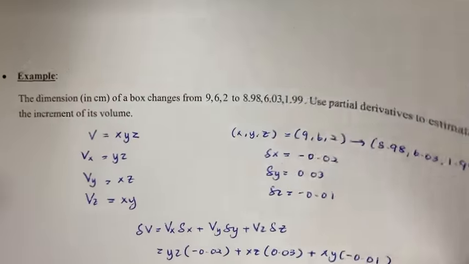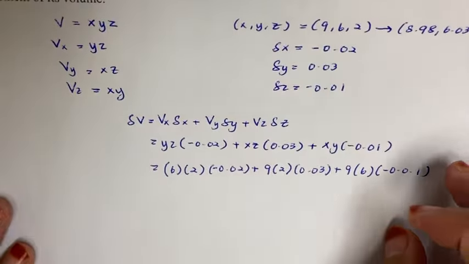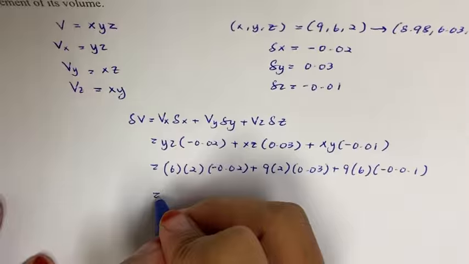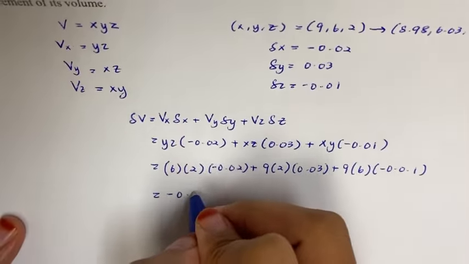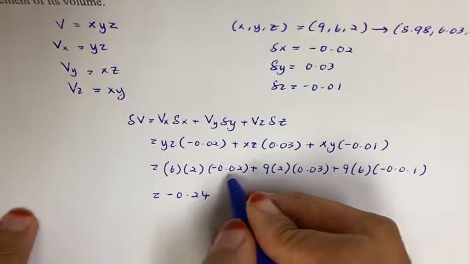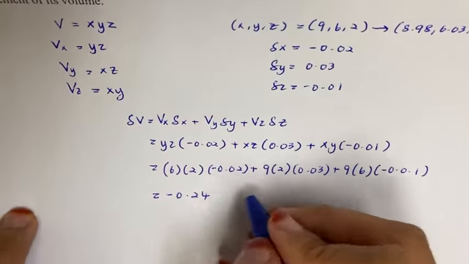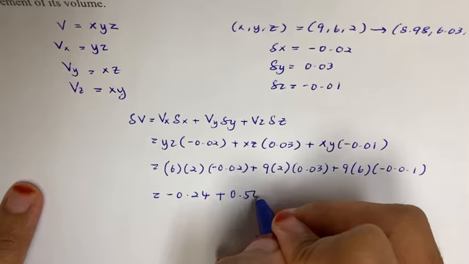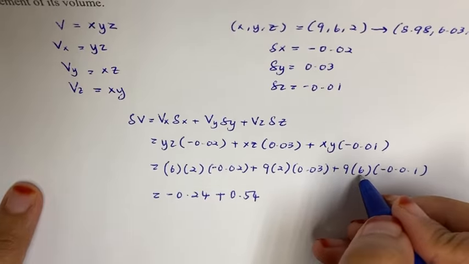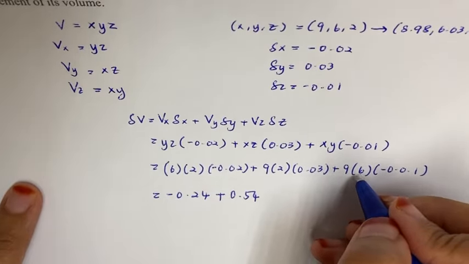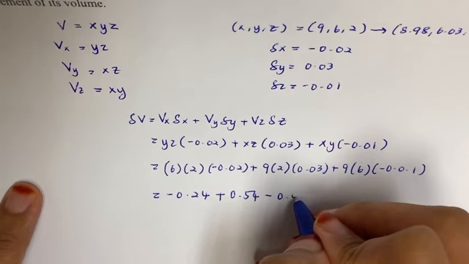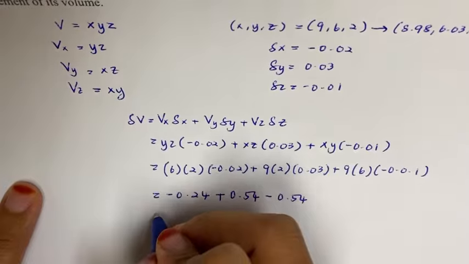Then use the calculator. So you have minus 0.24 plus 18 multiplied by 0.03, which is 0.54, and 54 multiplied by negative 0.01 is minus 0.54.